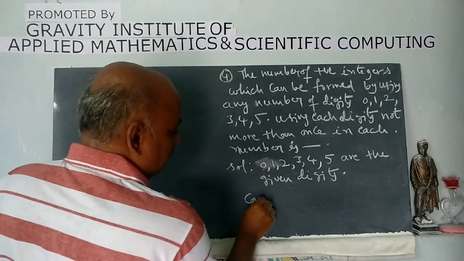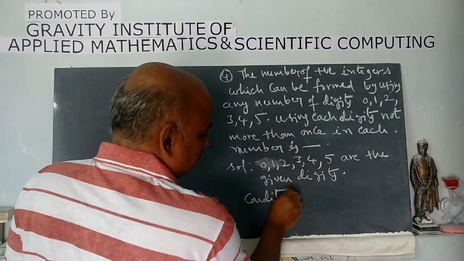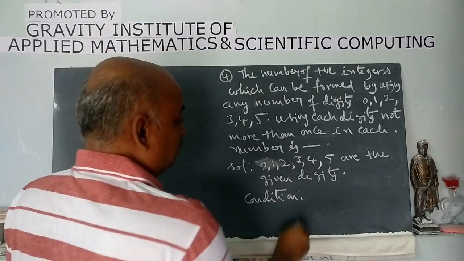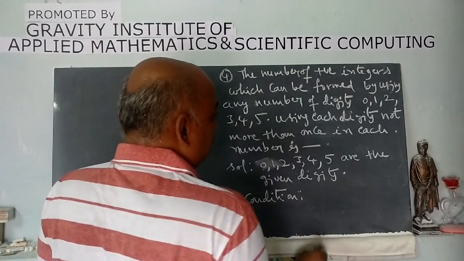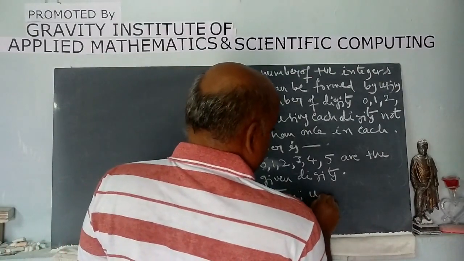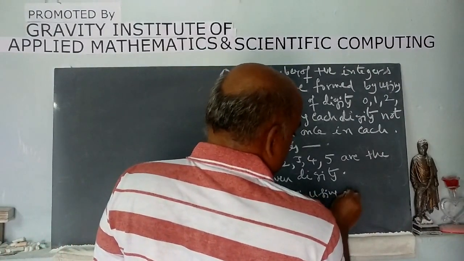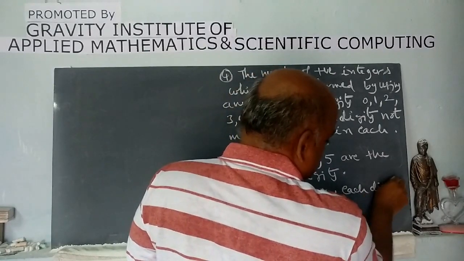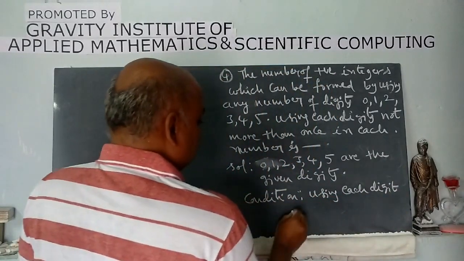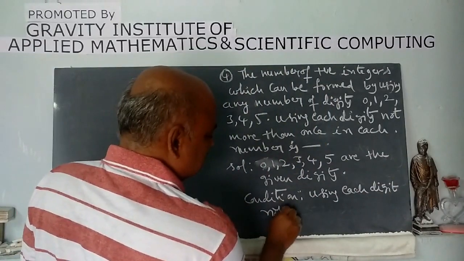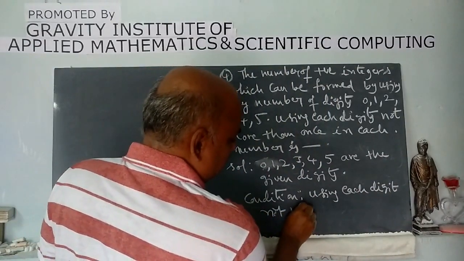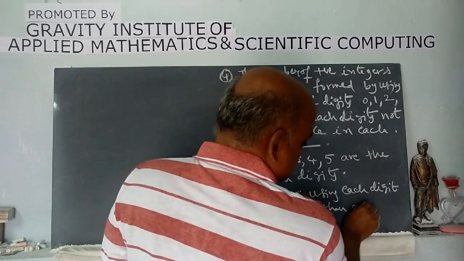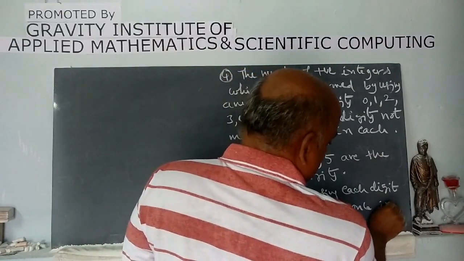So here the condition is using each digit not more than once in each number.